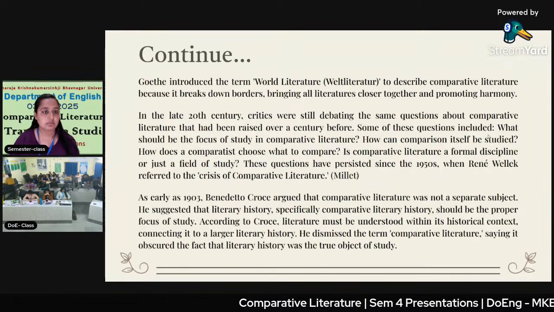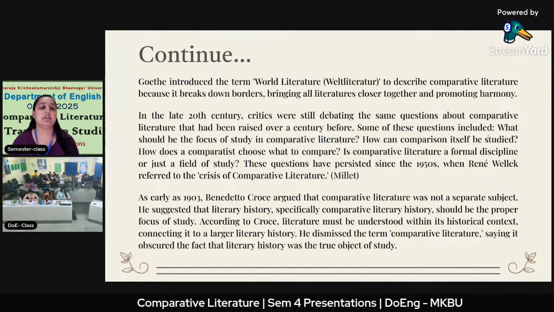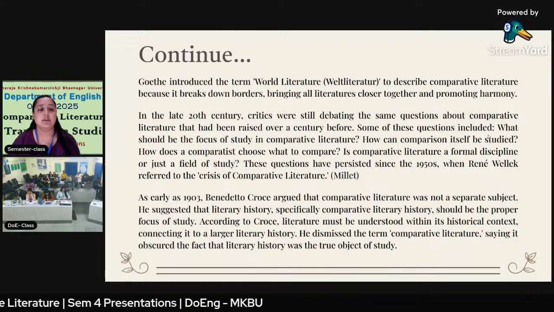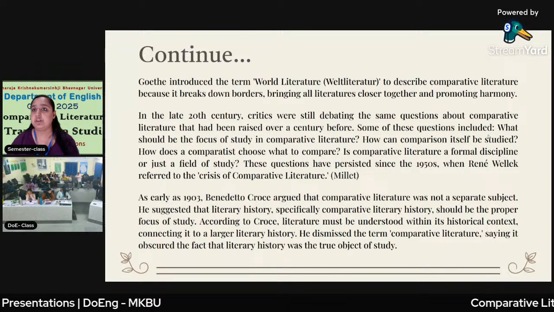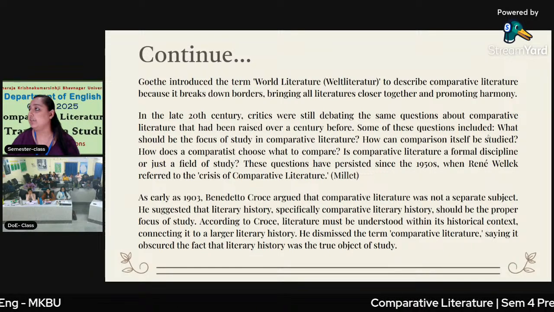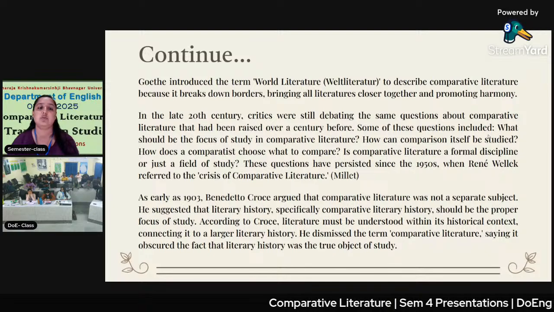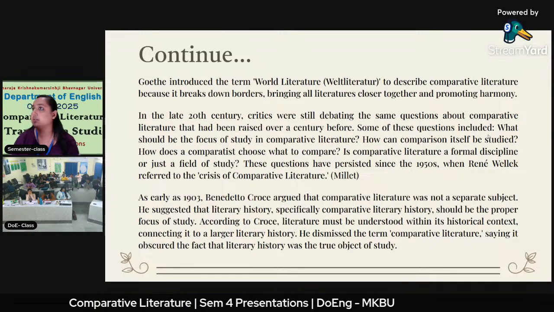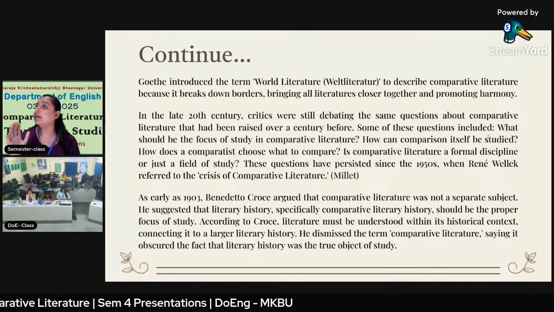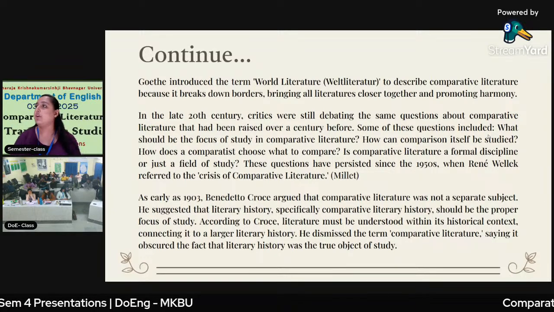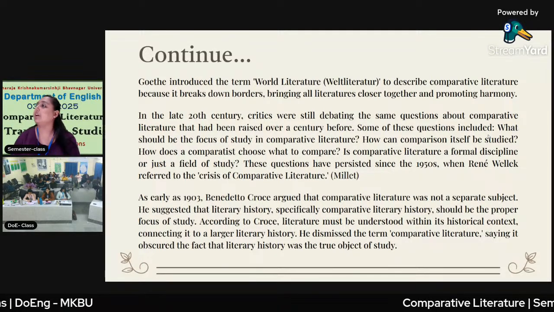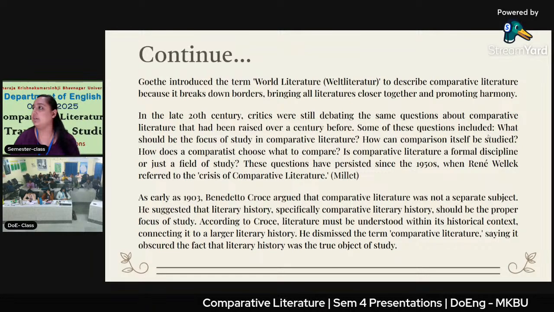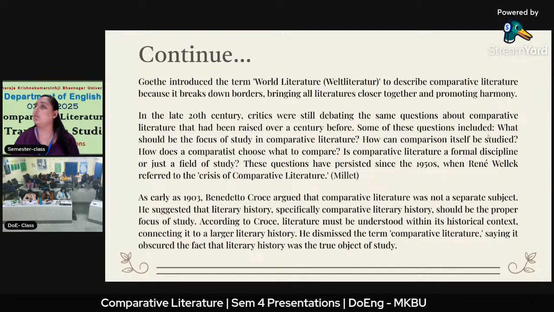Continuing the article's observation, Goethe introduced the term world literature, describing comparative literature as breaking down borders, bringing all literatures closer together and merging all the ideas, as if we are talking with each other. Comparative study works in that manner, promoting the harmony of literature.